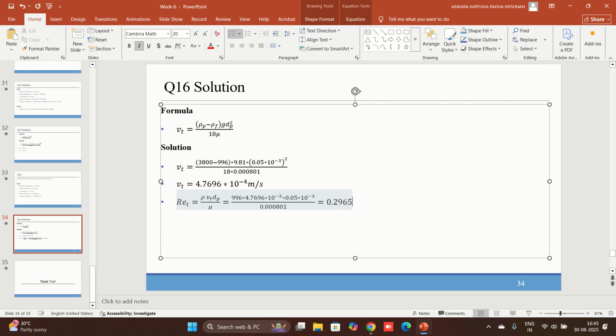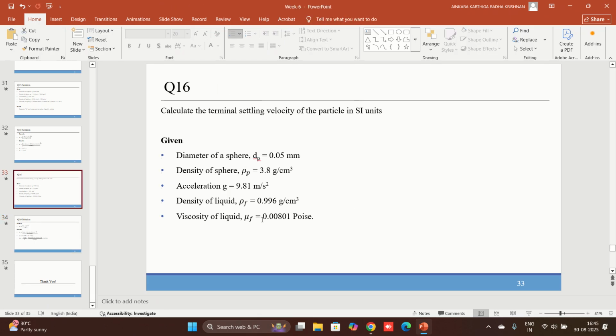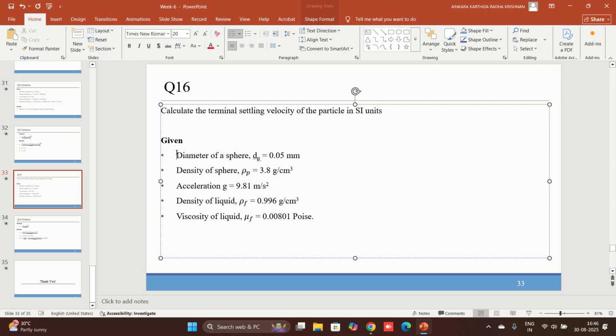Okay, now we will go step by step. Calculate the terminal settling velocity of the particle in SI units. We are given the diameter of the sphere is 0.05 mm, which we can write as 5 into 10 power minus 5 meter. Density of sphere is 3.8 gram per centimeter cube, or 3800 kg per meter cube, and 9.81 meter per second square.